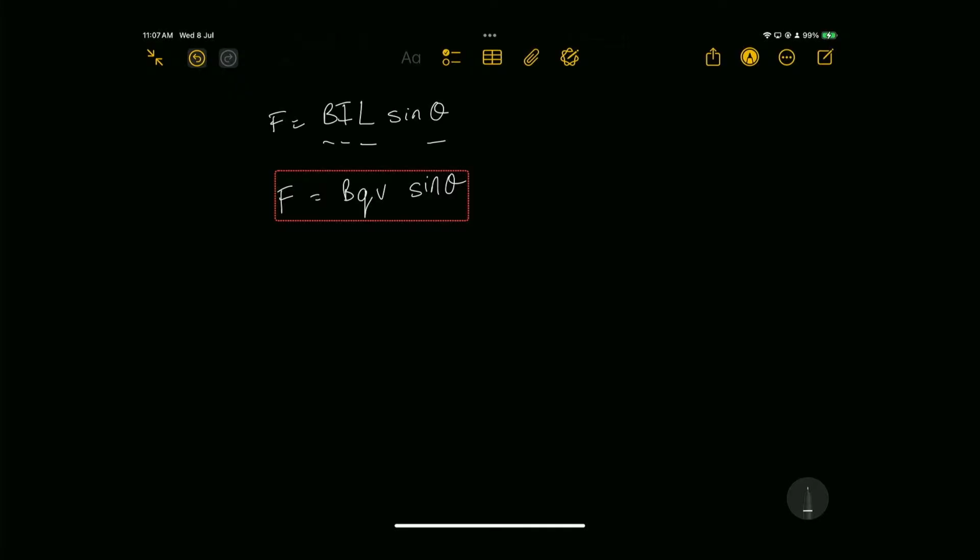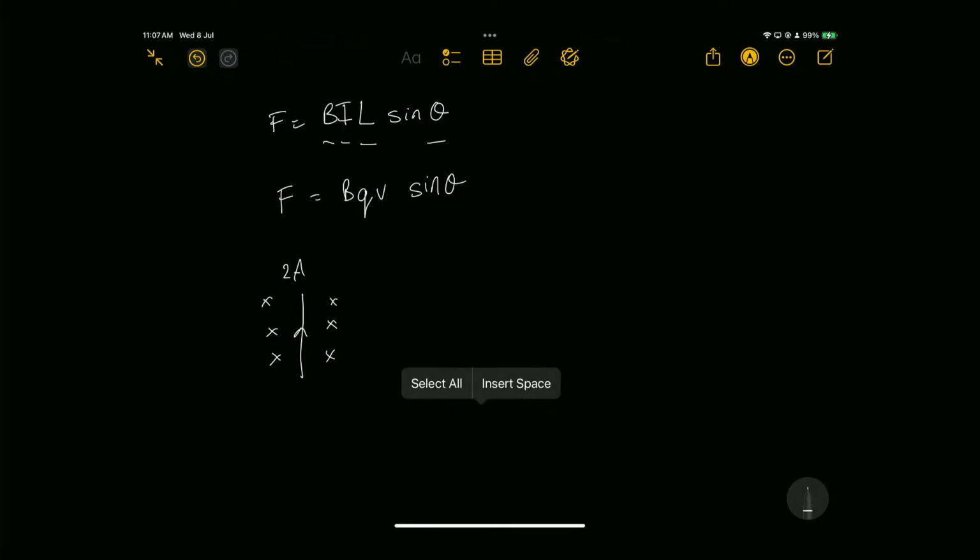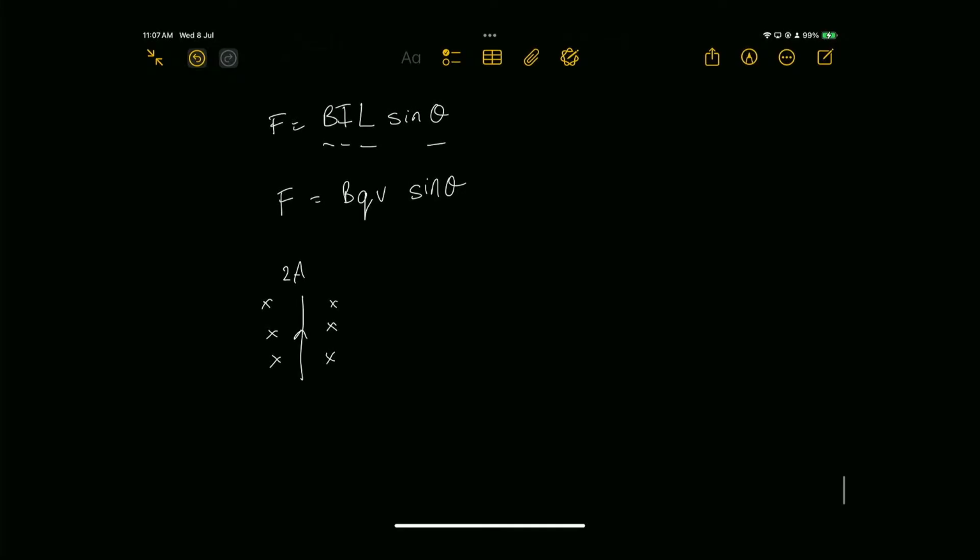So say we have a current carrying conductor carrying 2 amps, perpendicular to a magnetic field of strength 0.5 Tesla, and the length of this current carrying conductor is 3 meters, right? And we need to find the magnetic force on this current carrying conductor.